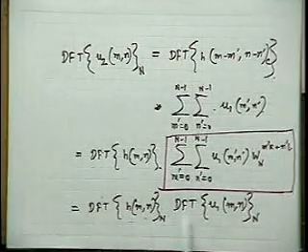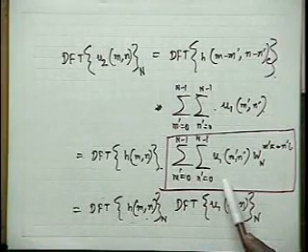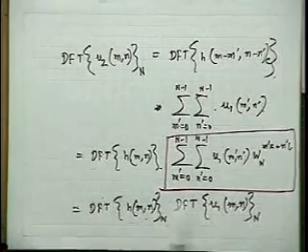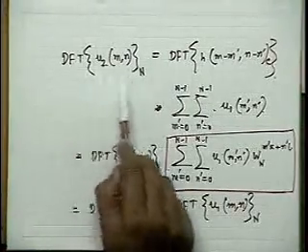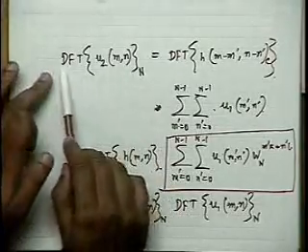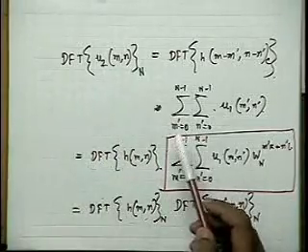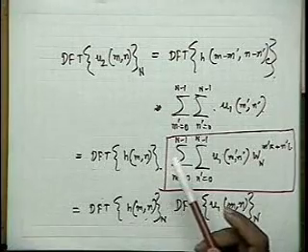So the DFT of this and the DFT of this can be individually computed using the FFT algorithm, and then you take their product and take the inverse discrete Fourier transform of this. If you take the inverse discrete Fourier transform of DFT u2(m,n) to the base N, you get the original sequence u2(m,n), which is the convolved sequence.